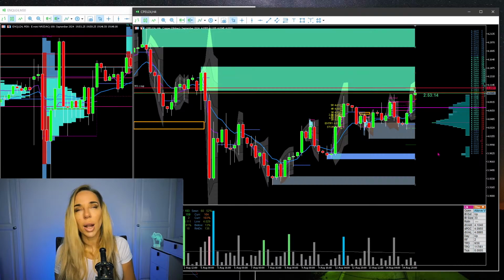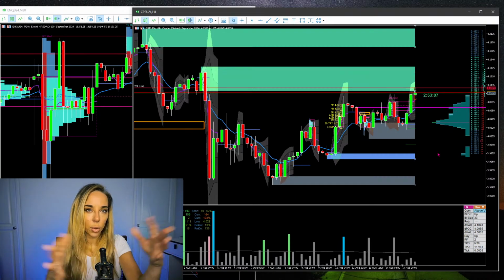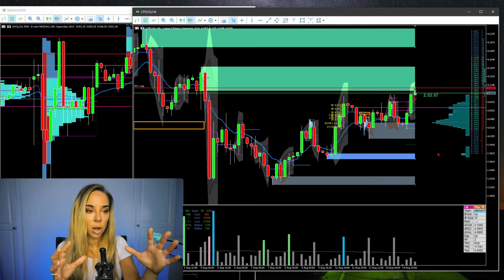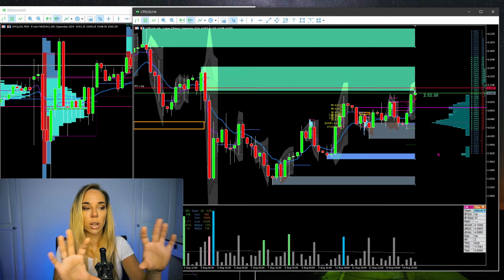So in my head, volumes and ranges have to correlate with each other, right? So if you have a lot of volume, you need to see some sort of a trend, or some sort of decent range. If those two are not matching up, if you have some volume being traded but nothing is moving, that means you're in a distribution phase.